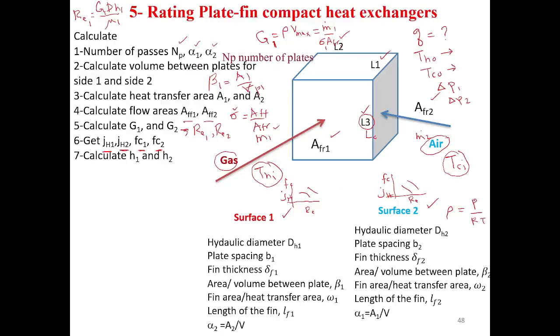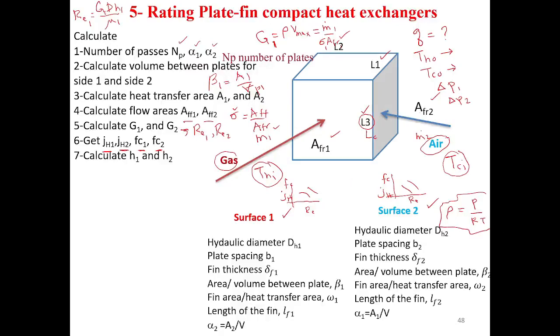So if the pressure is given, then you have to calculate the density. And the density, as we see from this expression, is a function of the pressure and temperature. Other properties like the specific heat, the thermal conductivity, Prandtl number, and viscosity are a function only of temperature. This is what we usually do in our calculations.